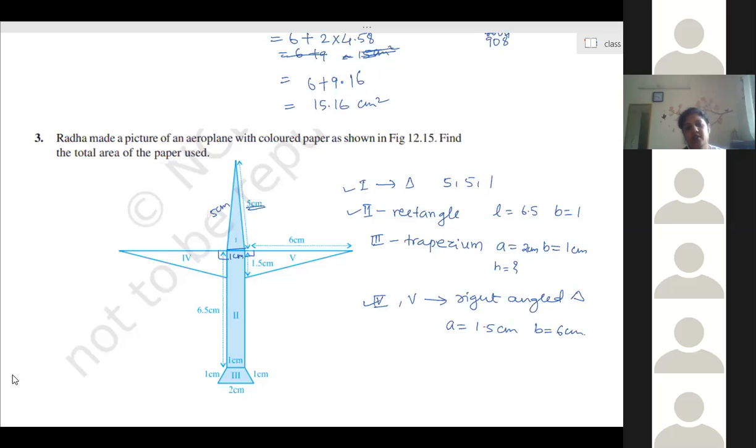For the second figure, rectangle. Area of rectangle is equal to length into breadth: 6.5 into 1, 6.5 centimeter square. Leave the third one; the fourth and fifth. Fifth one area: half into 6 into 1.5, 4.5. Fourth is also 4.5.